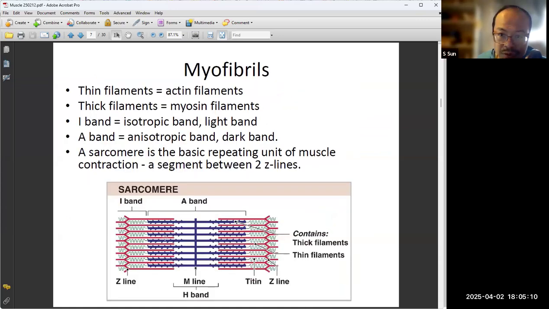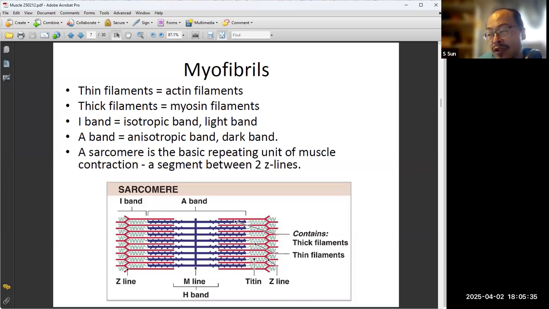This is a cartoon showing you the arrangement of thin filaments and thick filaments. What we can see here is that we put thick filaments here and the thin filaments on the two ends. This arrangement repeats itself over and over again.